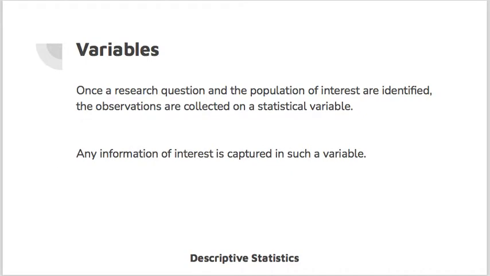What does a variable mean? Anything that is able to vary is a variable. When we conduct any statistical analysis, we first collect the data, and even before collecting the data, there will be an objective.